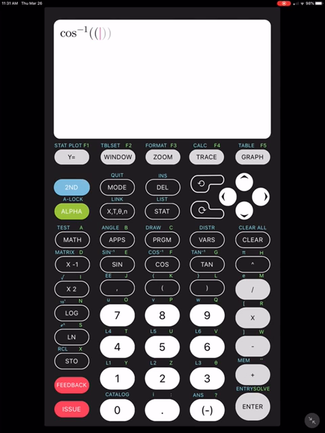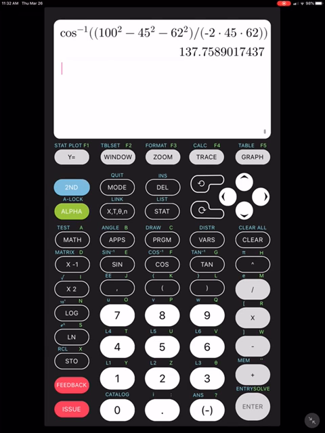Put a parenthesis, then 100 squared in the numerator, minus 45 squared, minus 62 squared, and close out the parentheses. Divided by the denominator, in parentheses: negative 2 times 45 times 62. Close it, and then close out the inverse function.